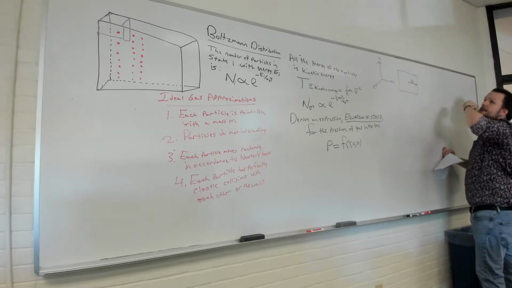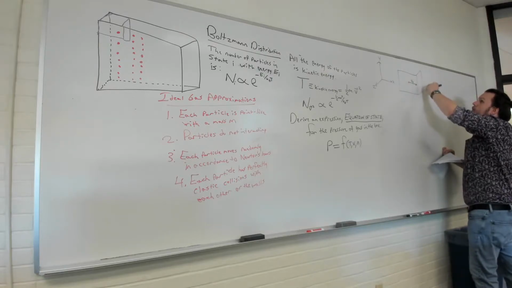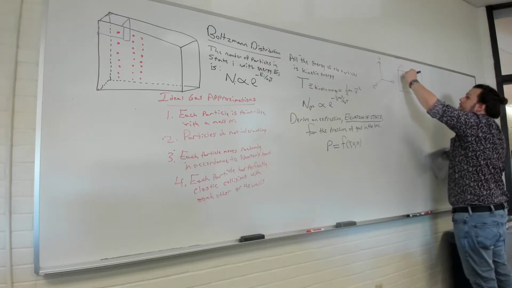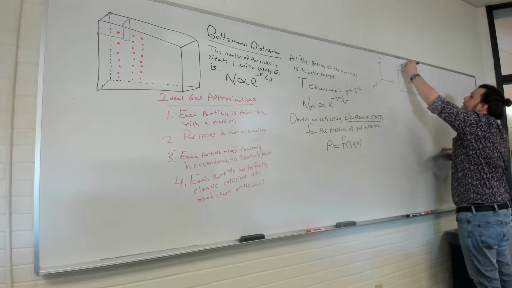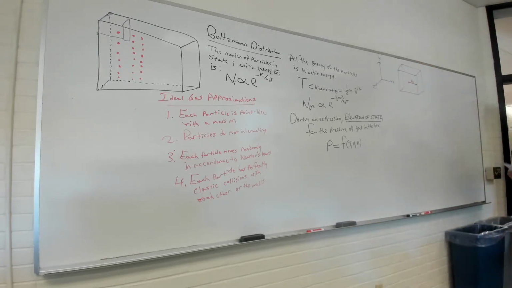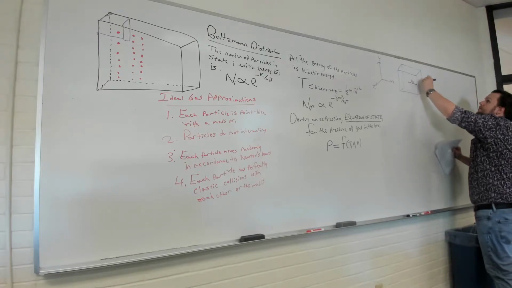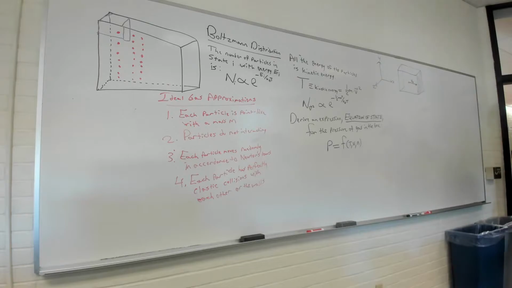Recall that this box is 3D, so there's a wall on each side. And I'm going to shade this wall. Okay, so this is the side wall of the box, the edge of the box, if you will.